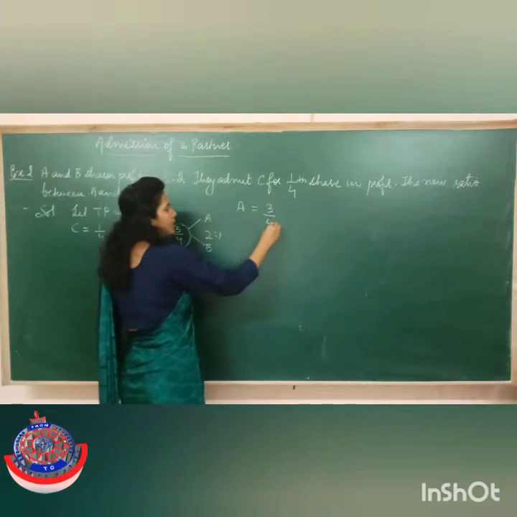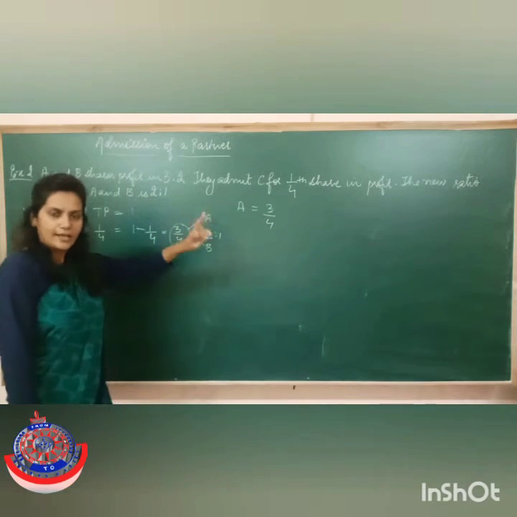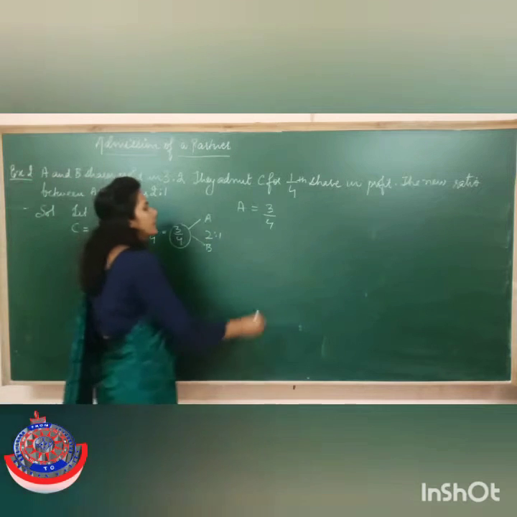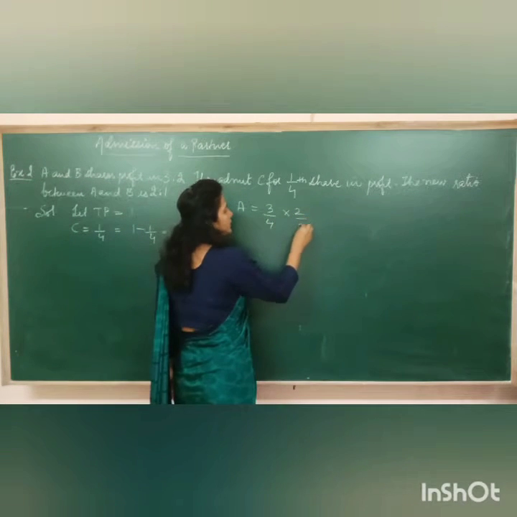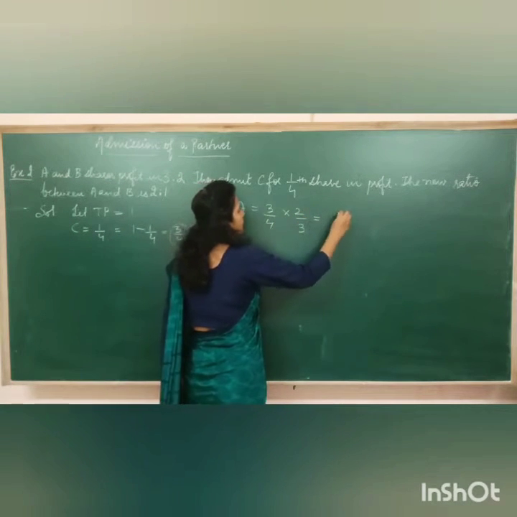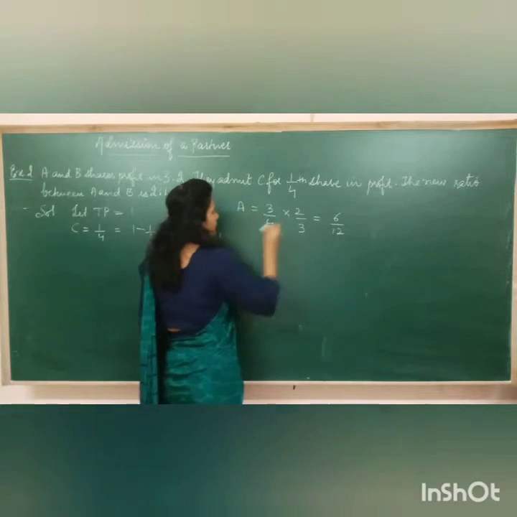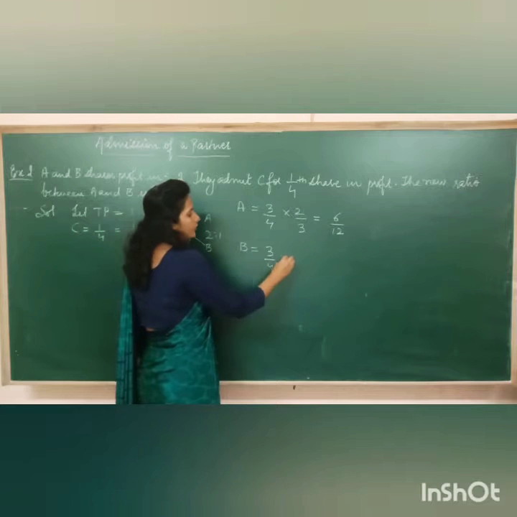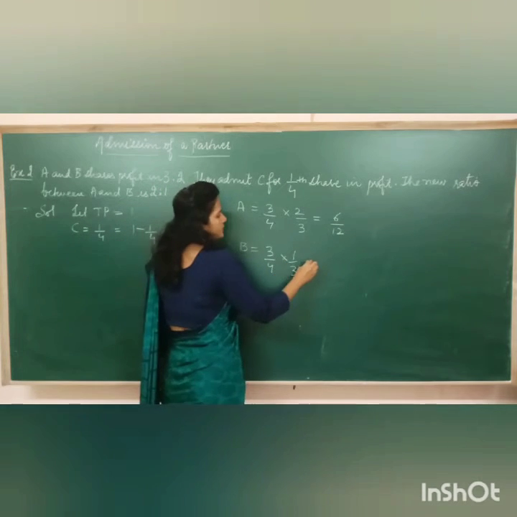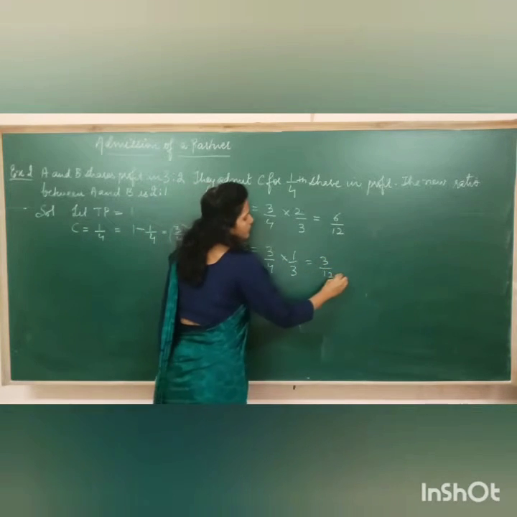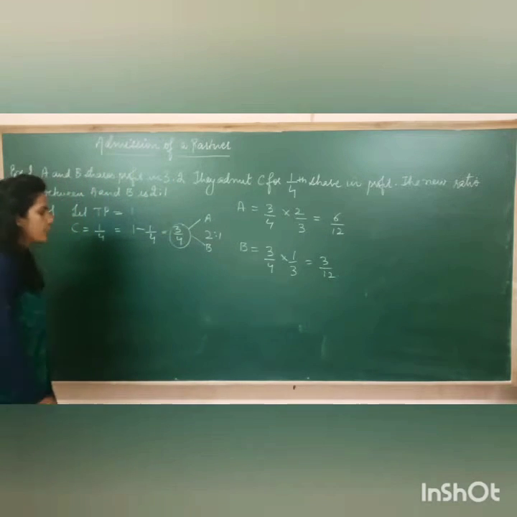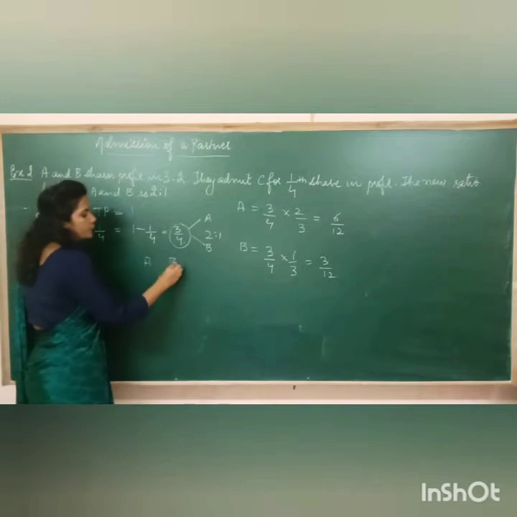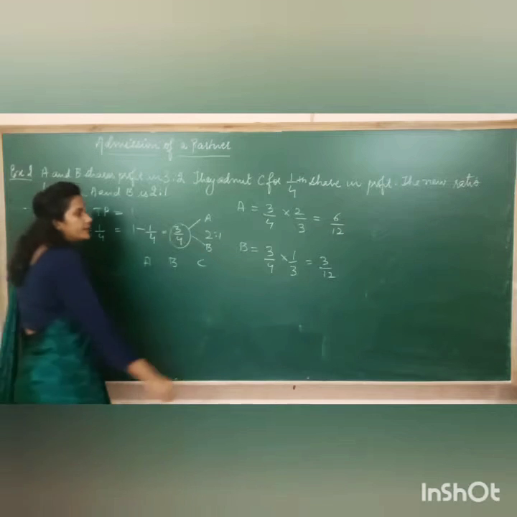A's new share will be leftover share for A and B, that is 3/4 into 2/3. So it means it will be 6/12. Then same way B's would be 3/4 into 1/3. So that becomes 3/12.